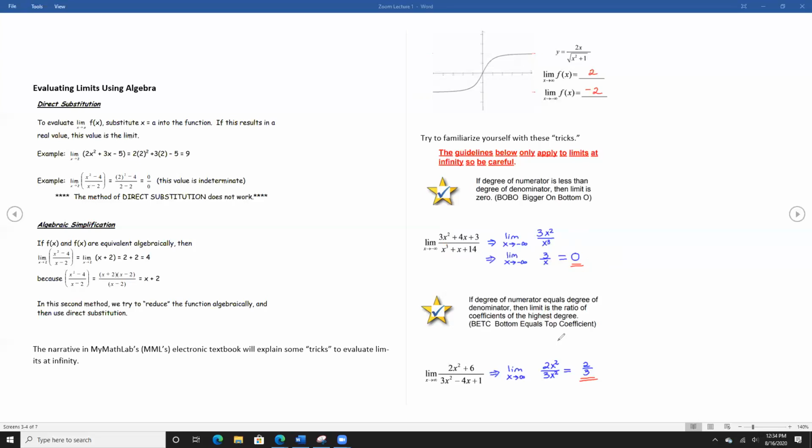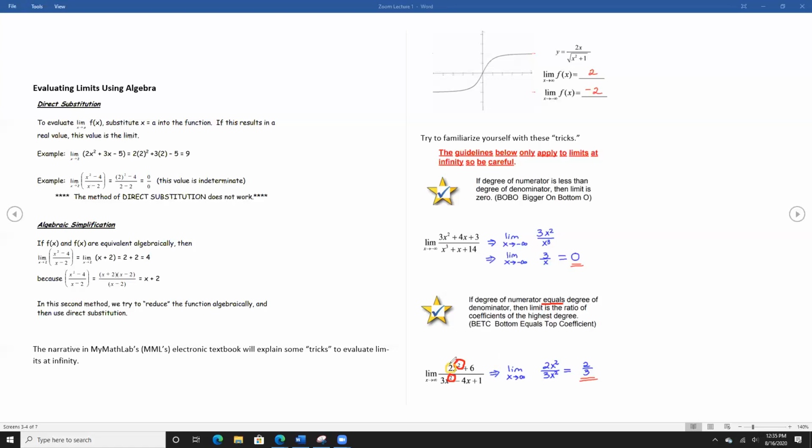The second trick says, if the degree of the numerator is equal to the degree of the denominator, then the limit is the ratio of the coefficients of the highest degree. So if you look at the second problem here, notice that the degree of the numerator is 2, the degree of the denominator is 2, and since those are equal, then all you have to do is focus on the coefficients for those terms.